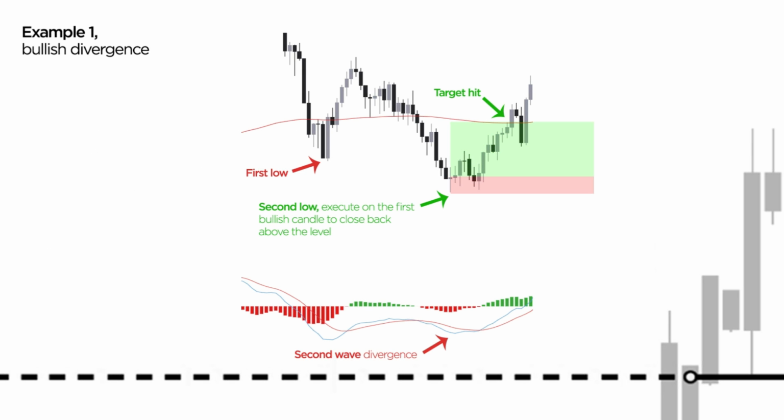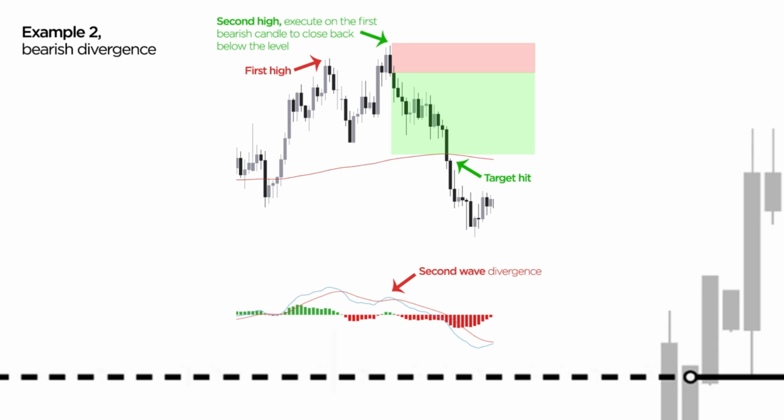So let's walk through an example of this strategy in use together. Here we can see that we have our second wave divergence paired with price making a new low, and if we then execute on the close of this with a target of the 200-day exponential moving average, as we can see, we then make our way to our target for a really strong winning trade.